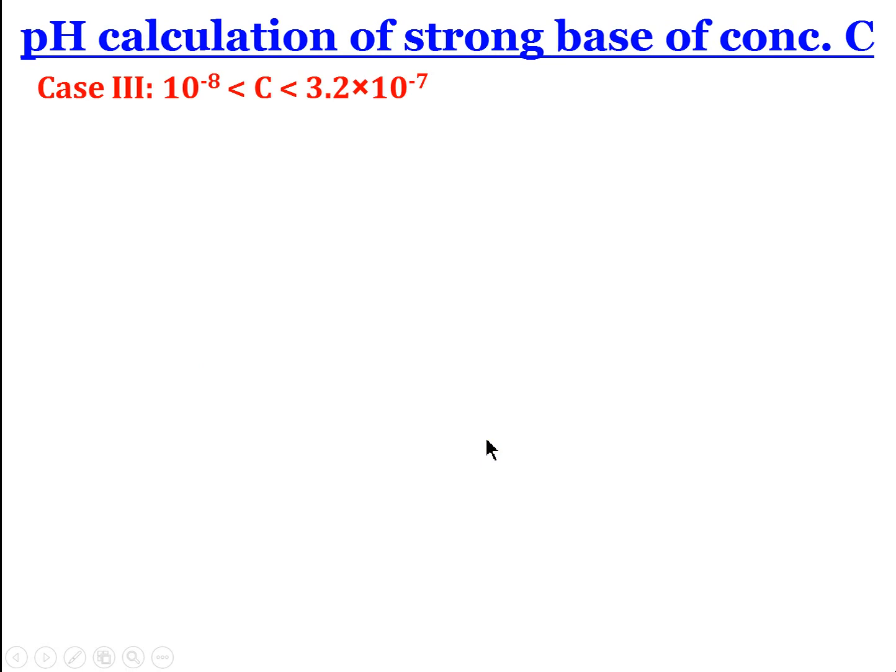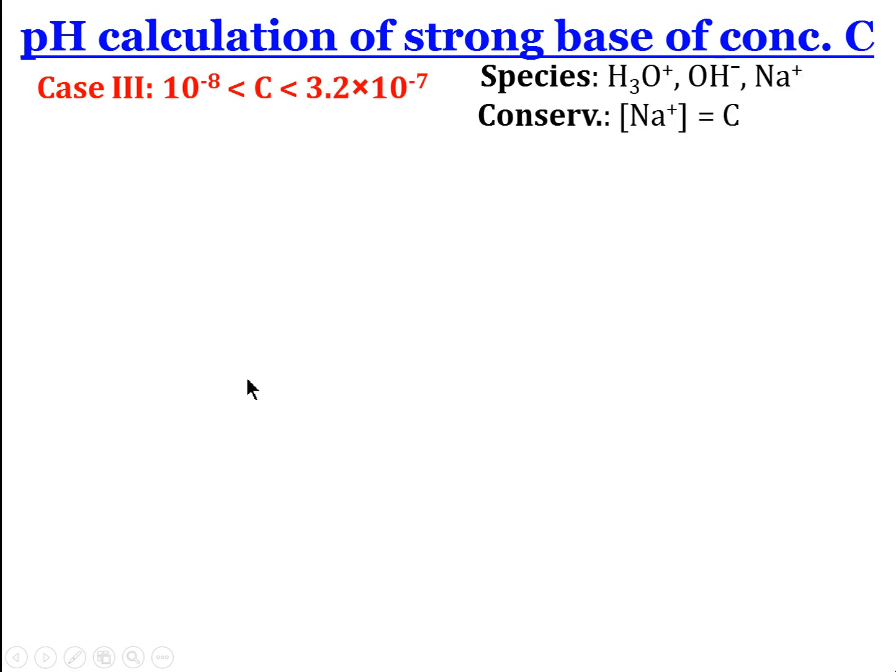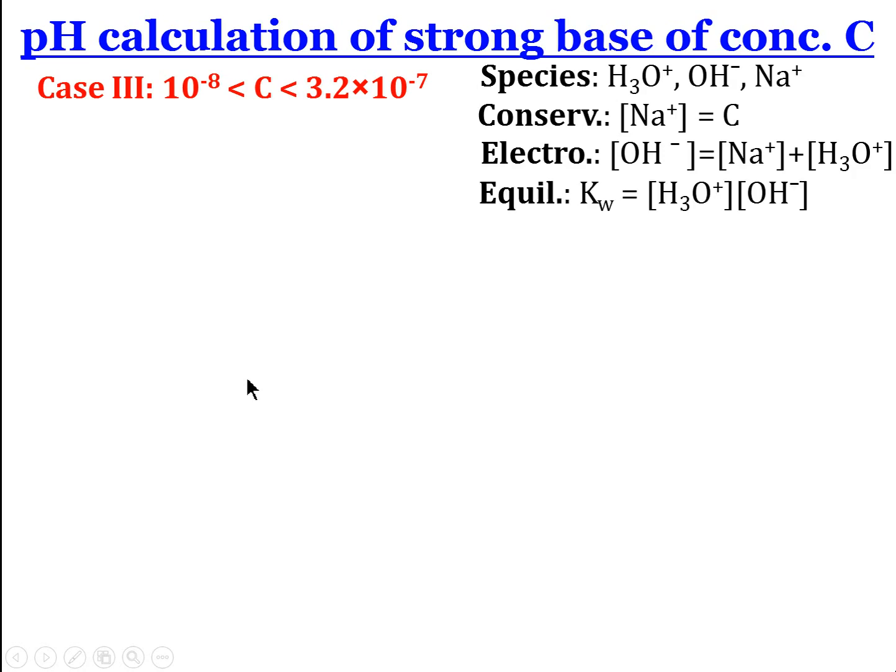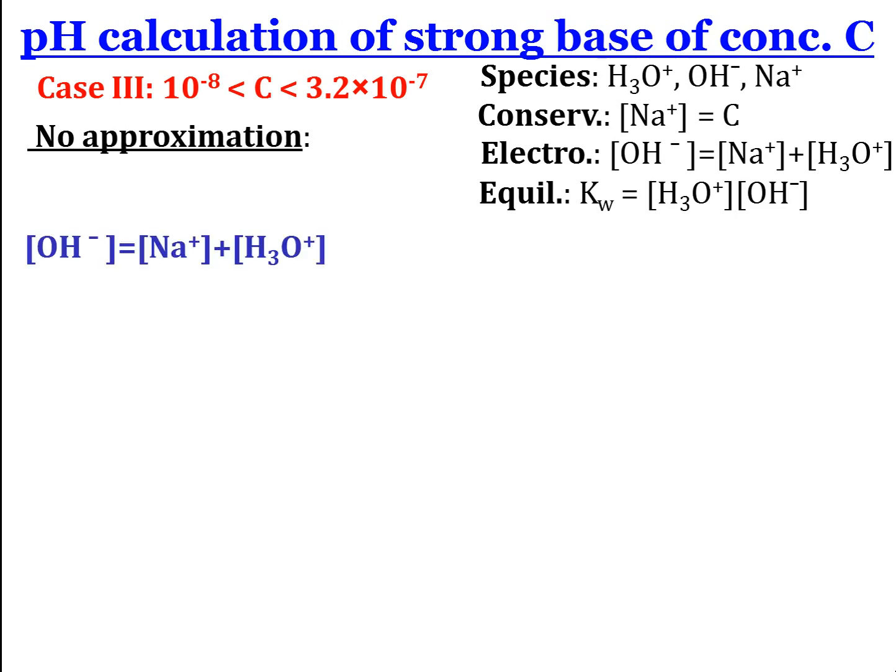In the third case, suppose the concentration of the strong base is between 10 minus 8 and 3.2 10 minus 7. We write the same steps: species, conservation, electroneutrality, equilibrium constant expression, but in this case we cannot do any approximation. So OH minus equals Na+ plus H3O+. Na+ cannot be neglected with respect to H3O+, and vice versa.